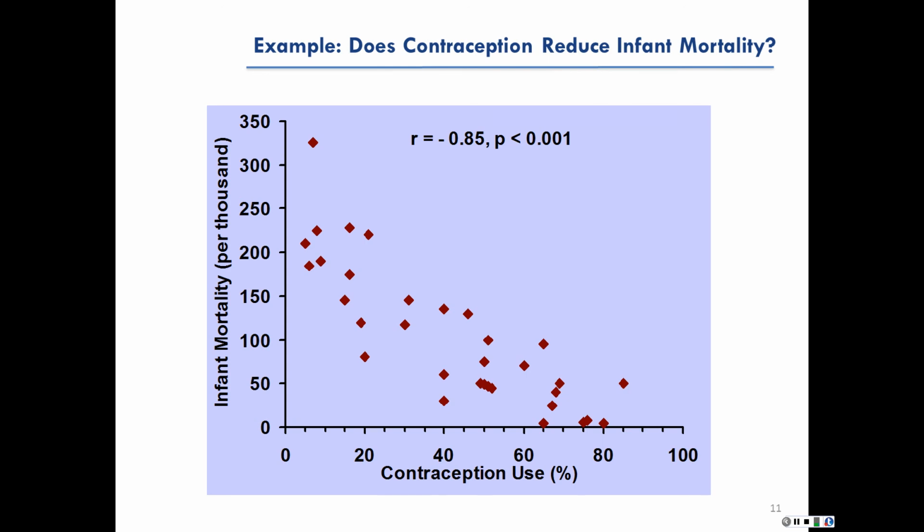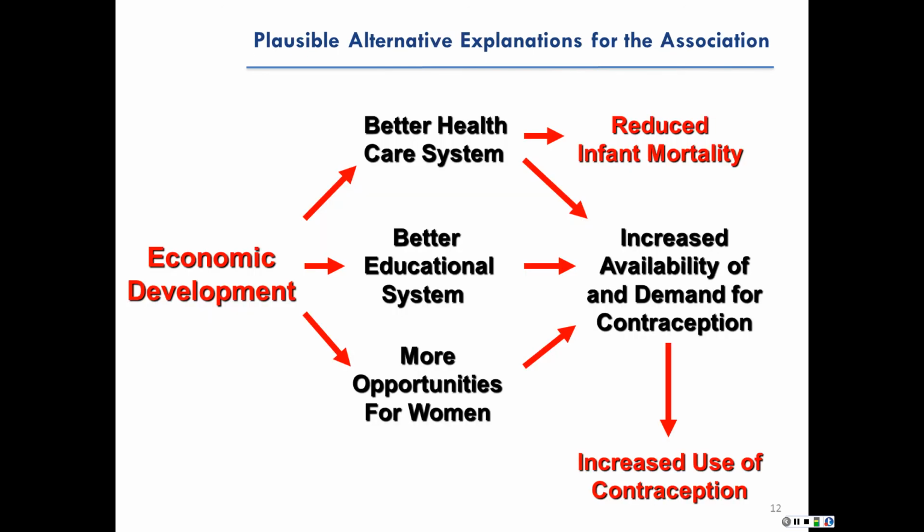It seems kind of odd that would happen, right? And so you want to start thinking about, when you see associations, other plausible alternative explanations for the association. For instance, we know in societies that are economically developed, we tend to see better healthcare systems, better educational systems, and more opportunities for women.